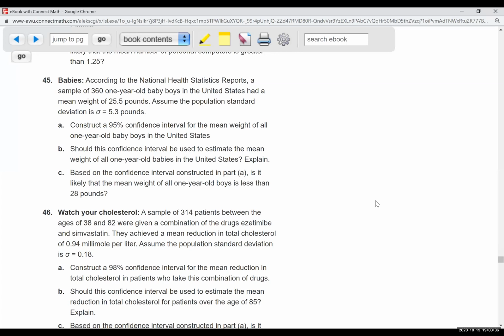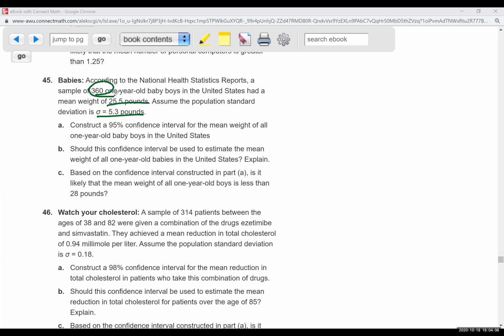All right, 45. According to National Health Statistics reports, a sample of 360 one-year-old baby boys in the United States had a mean weight of 25.5, assume that the population standard deviation is 5.3 pounds. So you have the mean 25.5, and you have a sample of 360.